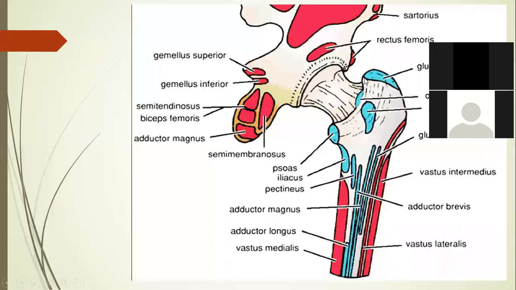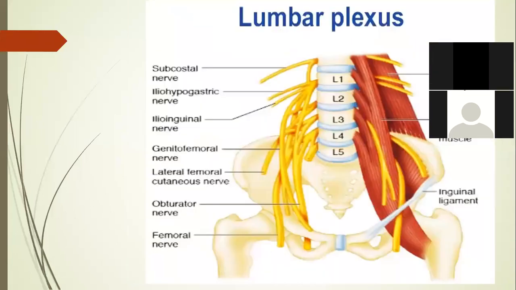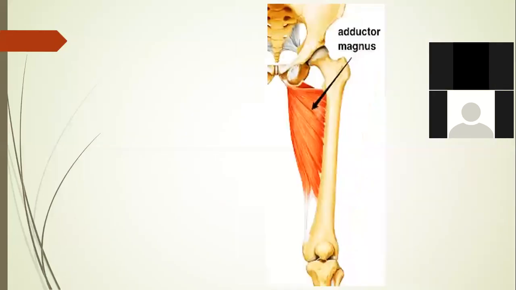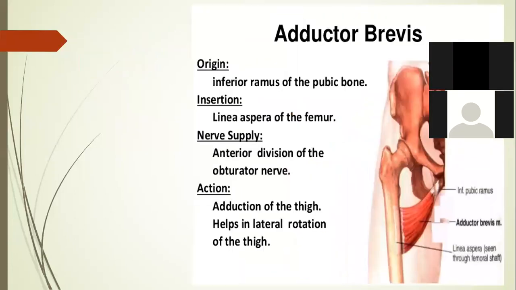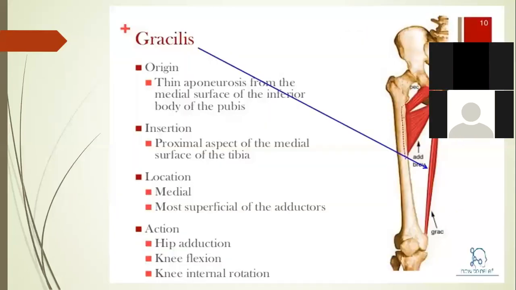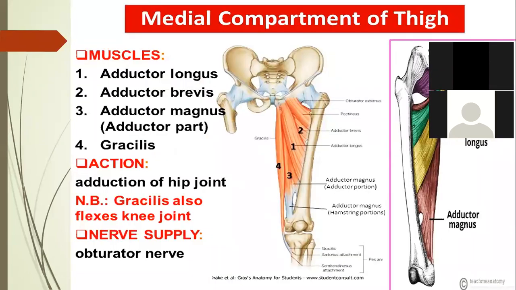So just see the area where the obturator externus is inserted. But what is the origin? What are the other details of the obturator externus? They are very simple. See these previous pictures. Look at this picture.